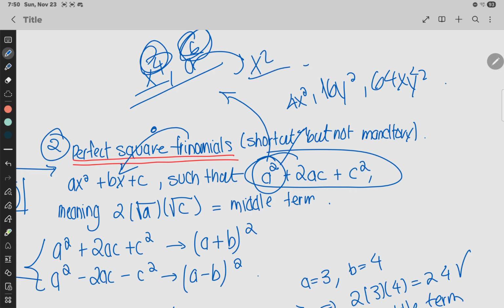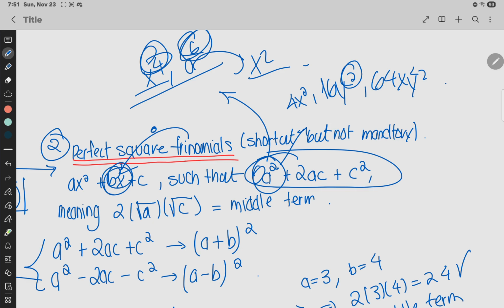Okay, so that's just a little heads up. But yeah, x to the power 4 or a to the power 6, as long as the power is an even number, then it's a perfect square. And the coefficient, of course, has to be a perfect square. Okay, so that's the a squared.